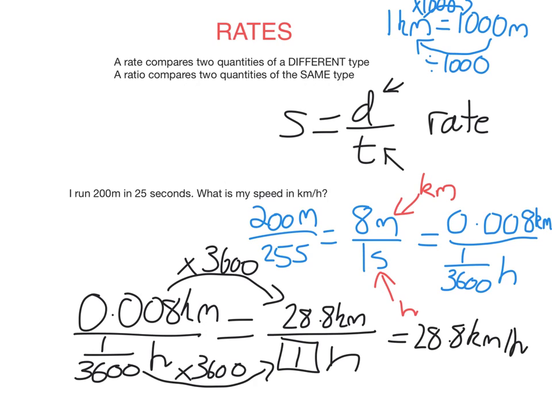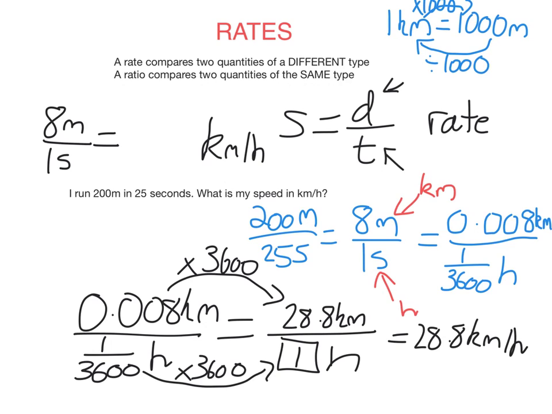Okay? So if that was a little confusing for you, then this is what I suggest you do for a question like this. So when we have 8 metres per 1 second and we want to put it in kilometres per hour, what we do is we just write the rate, kilometres per hour, and then we just perform the operations one after the other.